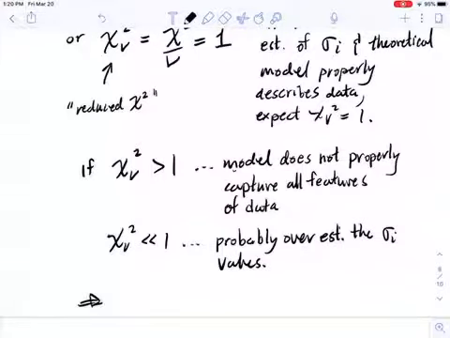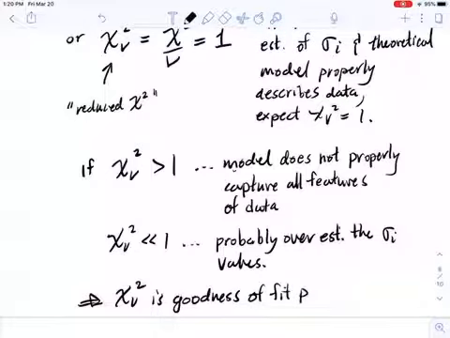So with this, we could use chi nu squared as a goodness of fit parameter. Now we have some kind of physical meaning attached to the minimum of chi-squared.